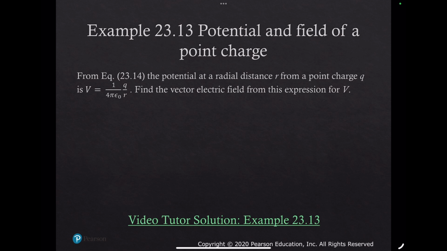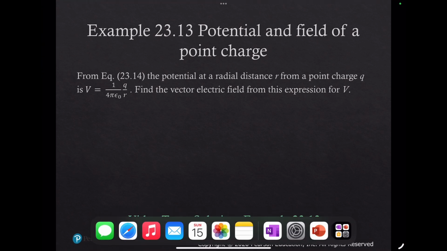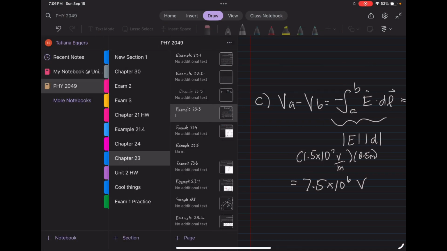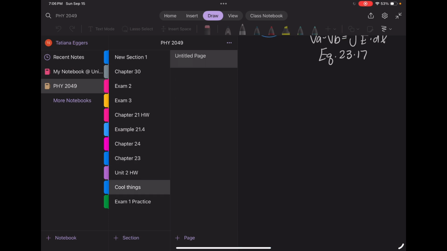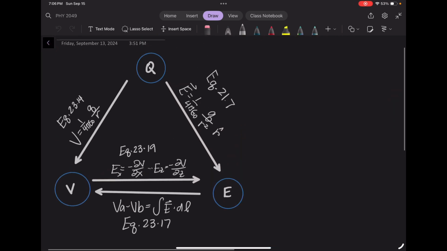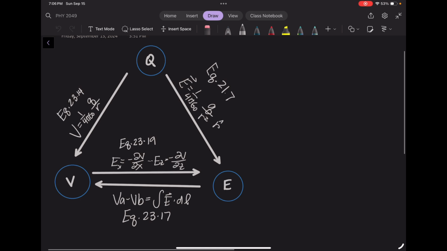I did want to show you this cartoon that I drew that will show you the relationship between all the variables that we have discussed so far. We talked a lot, especially towards the end of chapter 23, about how to go back and forth between potential and electric field.